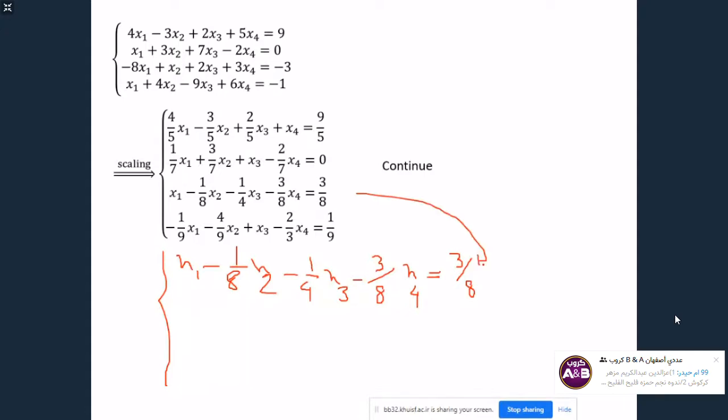It's the third row. The second row is the same: 1 divided by 7 x1 plus 3 divided by 7 x2 plus x3 minus 2 divided by 7 x4 equals 0.